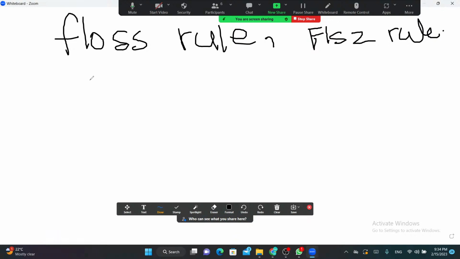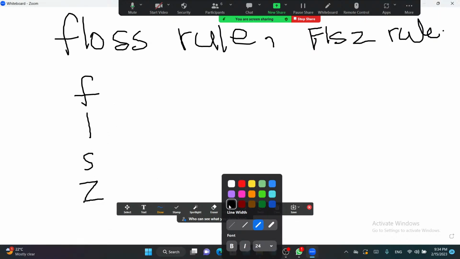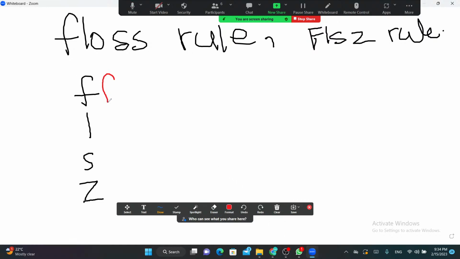If you hear f, s, or z at the end of English words, you need to double them like this: f, s, and z. For example, if the word is cuff, you need to double the f.